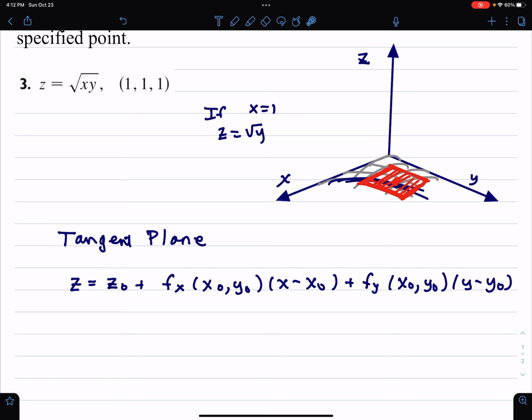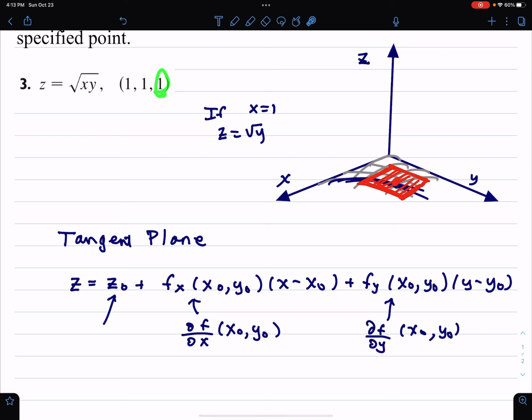There are different ways you can move these things around, but this right here is the partial derivative of f with respect to x evaluated at x0, y0. And this one, which I'm just writing in different notation, is the partial derivative of f with respect to y evaluated at x0, y0.